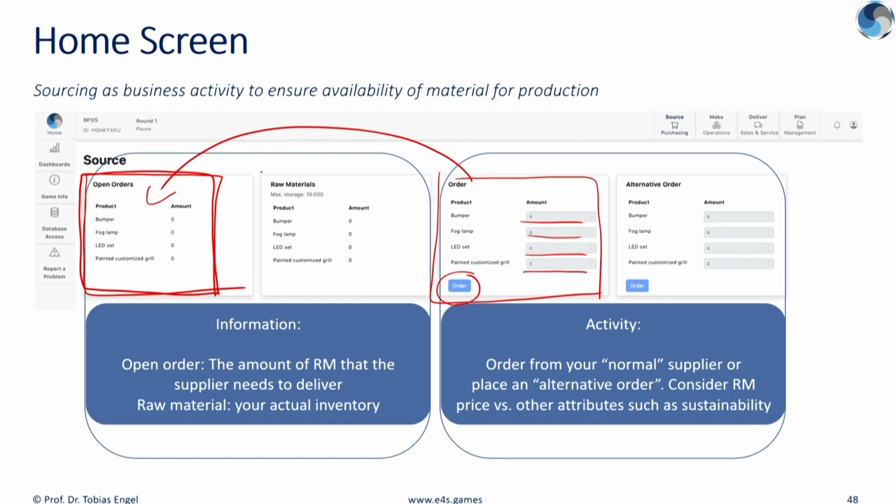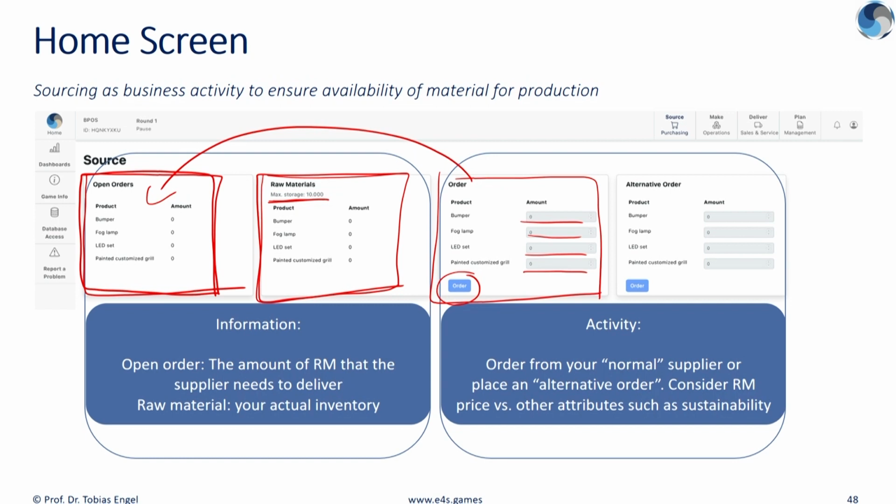Then you have the information on how many raw materials are currently in your warehouse. And you can also see that the current maximal storage is 10,000 parts in total. So if you want to be able to store a higher amount of products, then you have to go to the plan function and either rent or buy a warehouse or space.